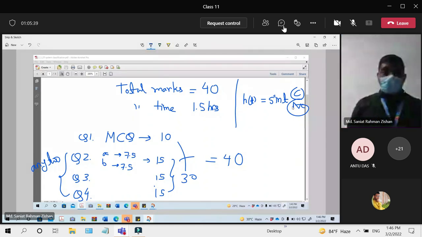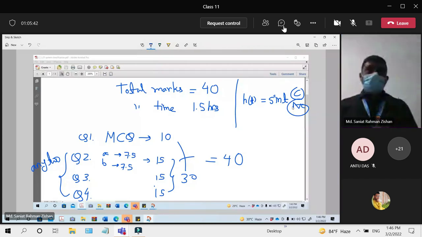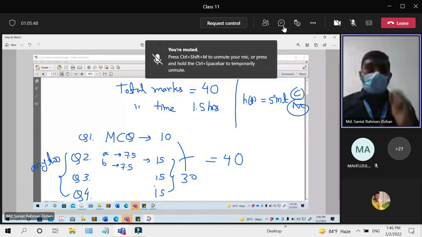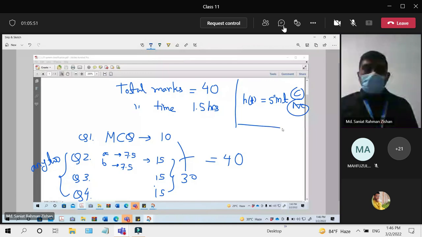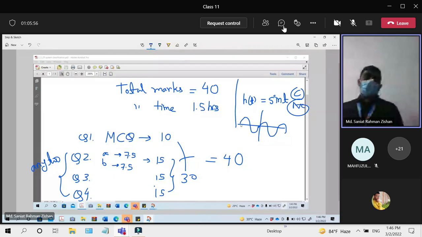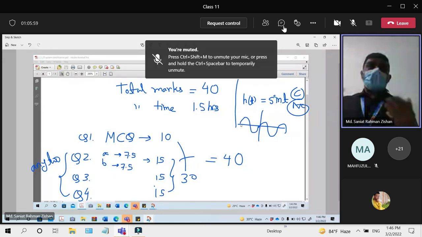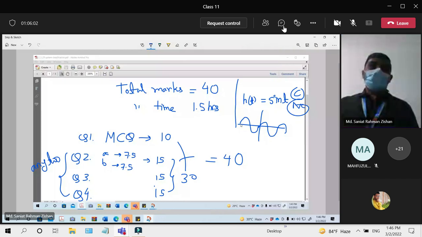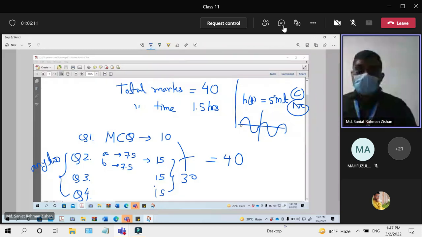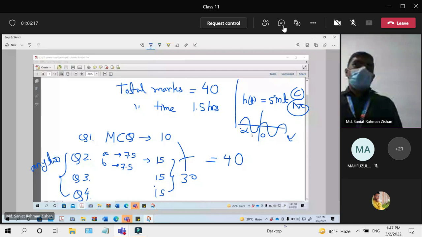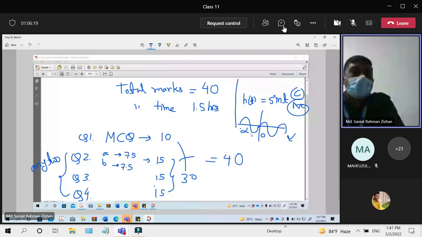Non-causal. Okay, then I draw. Whenever there is confusion, please draw the signal. Now say causal or non-causal, say it loudly. Non-causal. Why non-causal? Because this one has value on both sides. From 0 to infinity there is value, and from 0 to minus infinity there is also value. That's why this will be a non-causal LTI system.